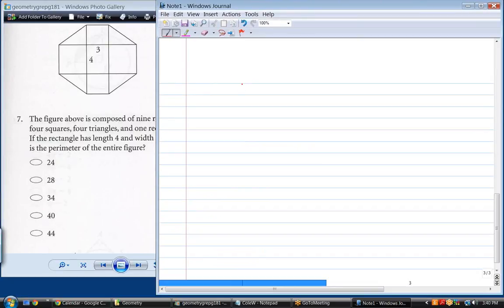Well, for the perimeter, we're only caring about the outside. So this line right here, the top of that square, what's that equal to? 3. What's that side equal to right there? 4. Same side over there. Haven't figured out the slanted parts yet.